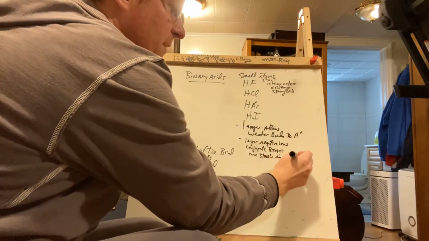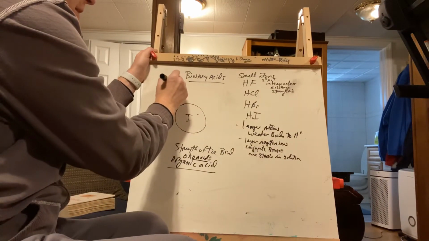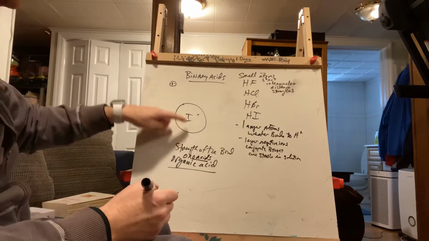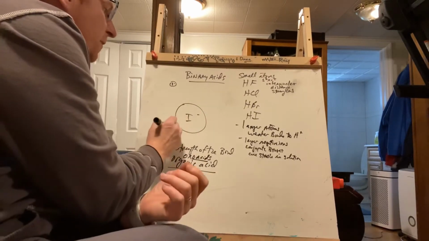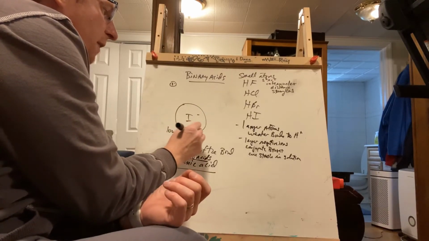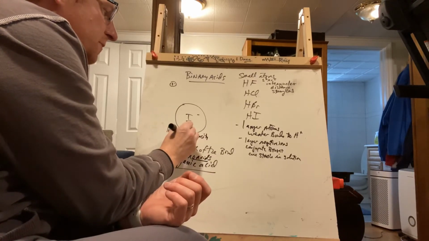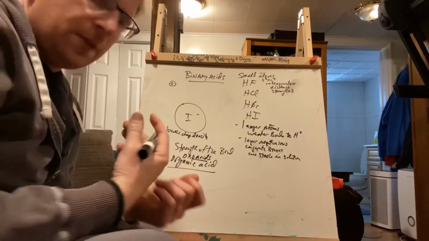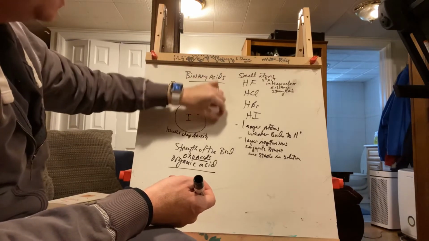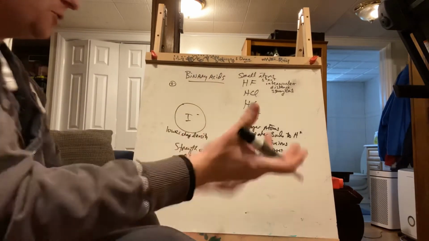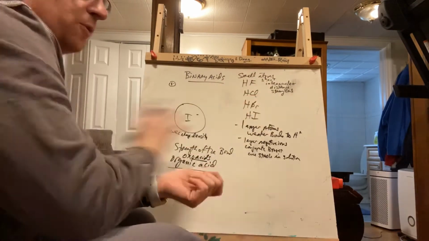What that means is, if I have an I minus versus an F minus, just thinking about size, I minus is going to be enormous and F minus is going to be really small. F minus has a high electron density, or let's actually write it as charge density. If an H plus was bouncing around these things, it's very unlikely to be attracted to an I minus, because the charge density is spread out over a huge area.